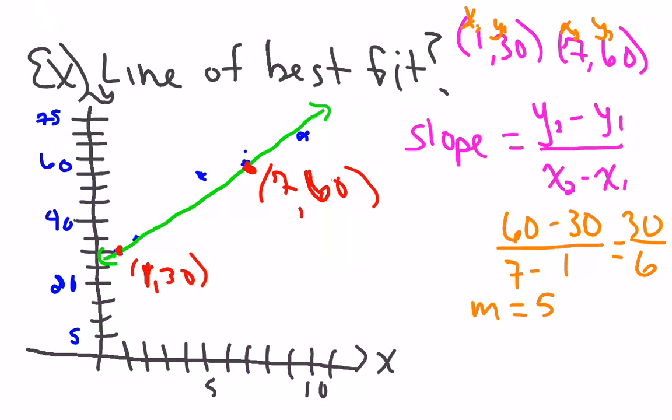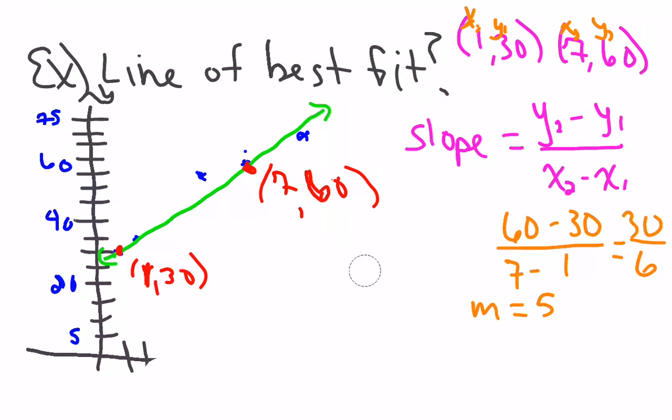Now, how do we go about finding the other part, or our y-intercept? Well, good question. So let me erase some of this so that we can see what happens. So our slope-intercept form is y equals mx plus b. And in this case, we found m, we need to find b. However, notice that we have an x and a y.